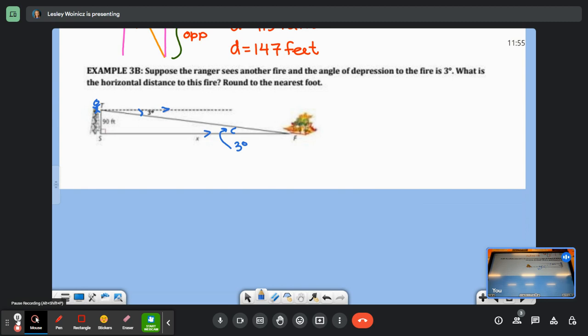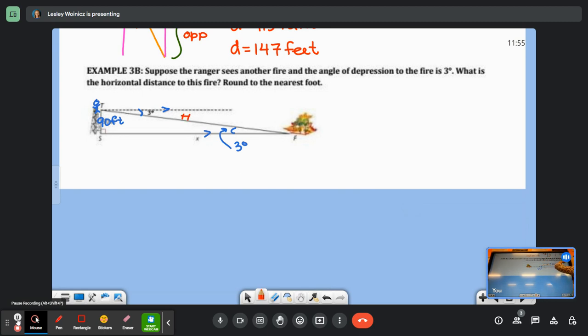And we need that because the angle of elevation is the one that's in our triangle, right? Okay, so this one's 3 degrees. Okay, we've got 90 feet.